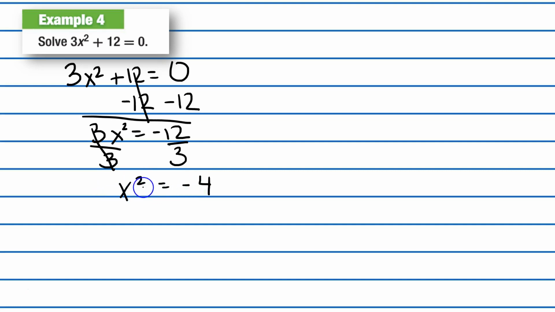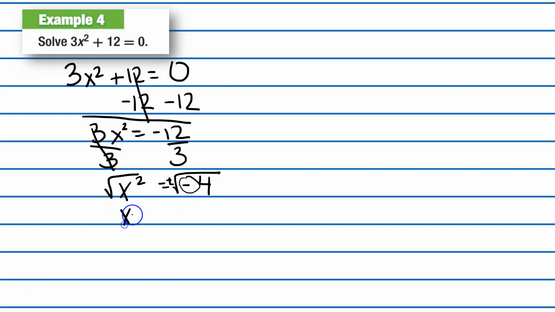So in order to get rid of this square, we need to square root both sides. Remember, that also comes with a plus or minus. Before, when we had a negative square root, we couldn't do anything about it. But remember, now we're dealing with imaginary numbers, so we can. And the square root of -1 can be represented as i.